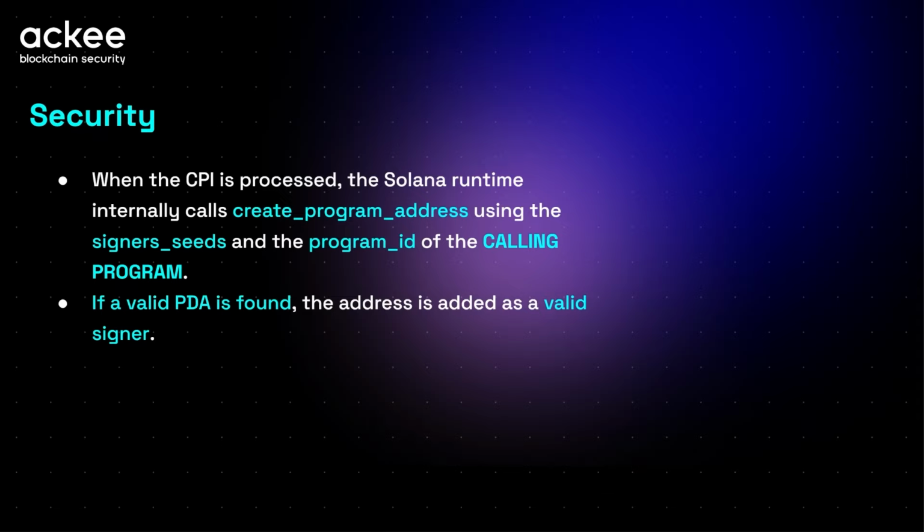And all of this will be done on behalf of the PDA, or the program-derived address, because the PDA is authority over the vault, and as the program ID is automatically included by the runtime, only your program can transfer funds out, because every other program would result in a different PDA, as the program ID would be different.